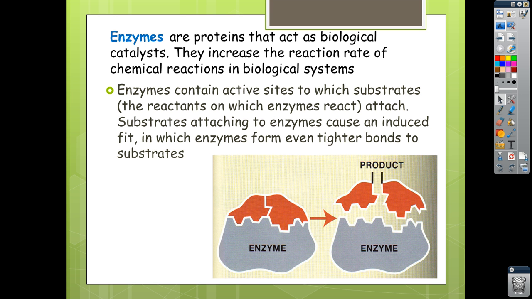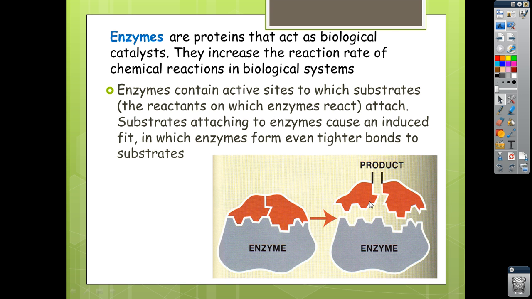So here you have your picture of your enzyme, and this is your active site right here. Substrates, these are our substrates, okay, are going to attach to the enzyme in a perfect little fit here. And then they form a bond to the substrate.